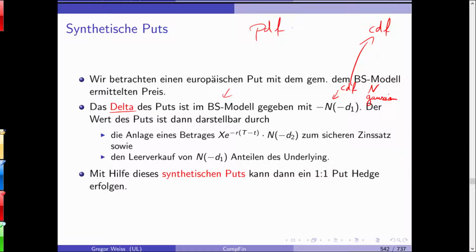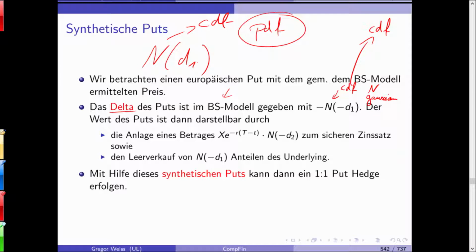The Dichte, the density function, is the PDF, the probability density function. So every time you hear of a PDF or a CDF, you know that the PDF is the probability density and the CDF the cumulative distribution function of, for example, the Gaussian distribution. And capital N of D1 is the CDF of a Gaussian distribution.